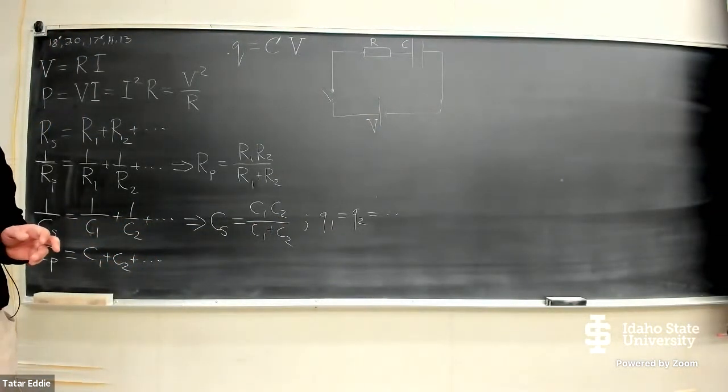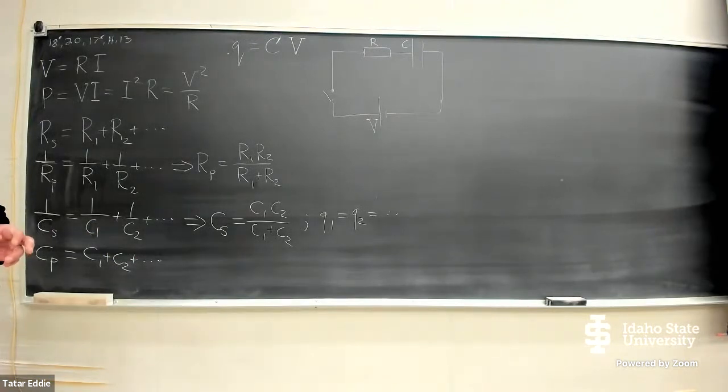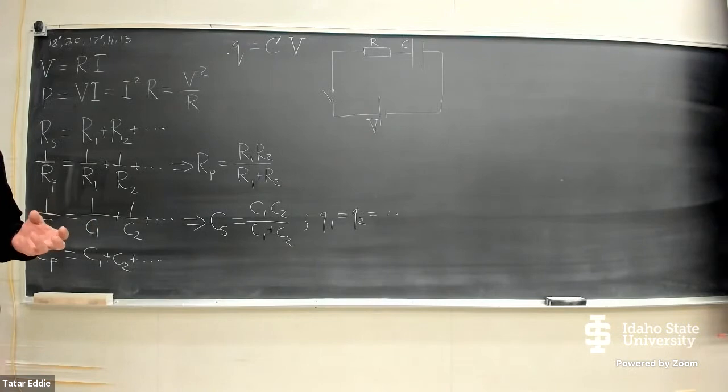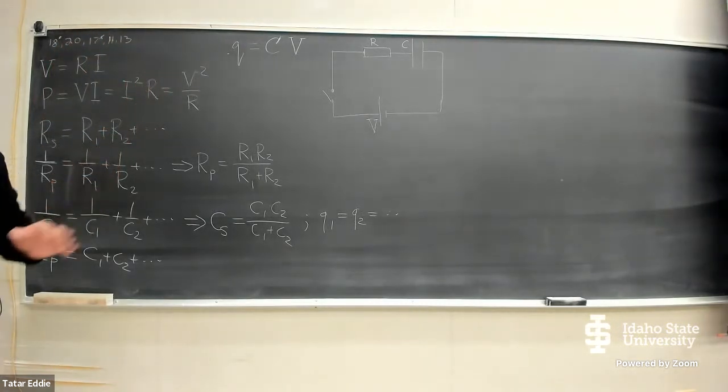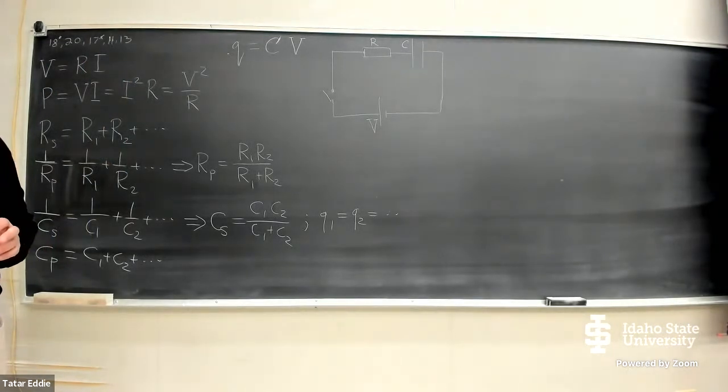It can be shown that the presence of the resistance makes the capacitor charge gradually and reach some maximum value of the charge on the plates of this capacitor.